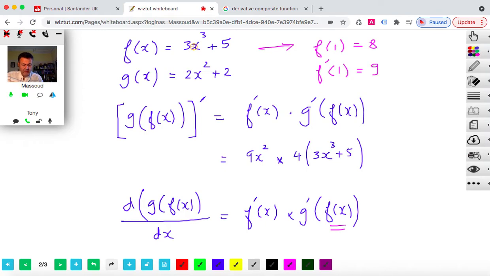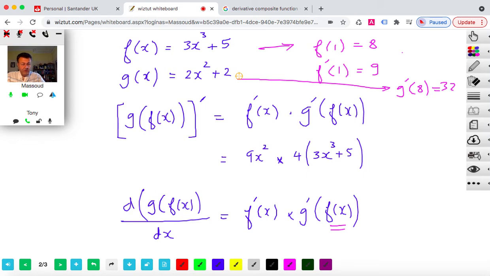And then we need a g, but we need a g of when f is calculated for x being 1, and that was 8. So really we need a g dash of 8. So I need to calculate that as well. The differential of g is 4x, and so times by 8 would be equal to 32.